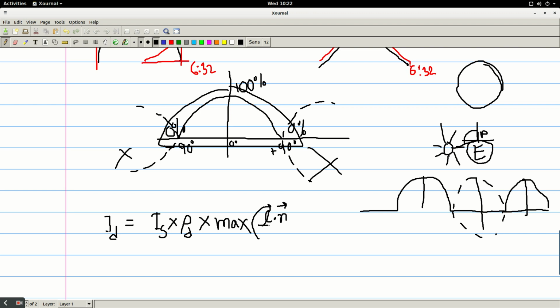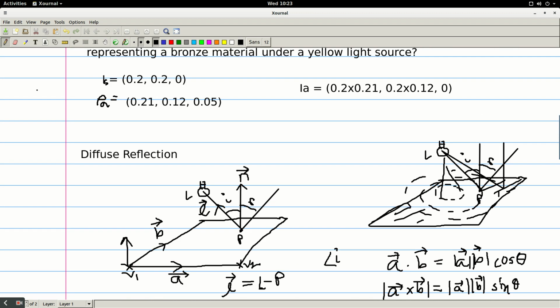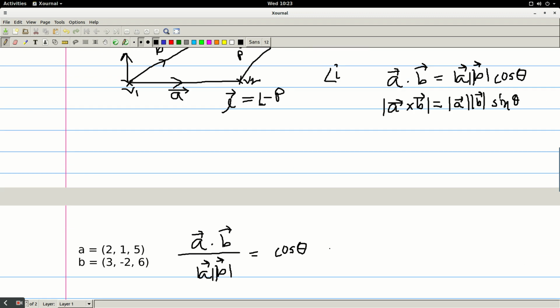And in practice, what we do is we deal with unit vectors. So usually what you'd see is L dot n, that would give you |L||n| cos theta. You need to get the cos theta only.